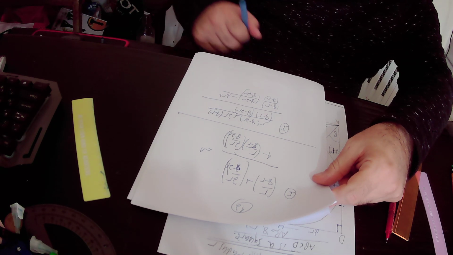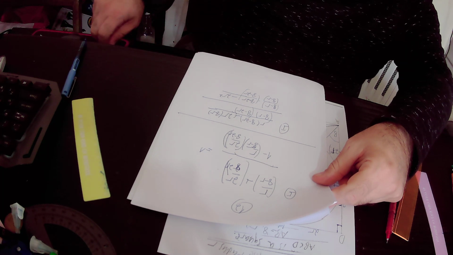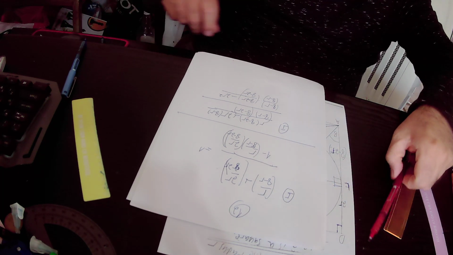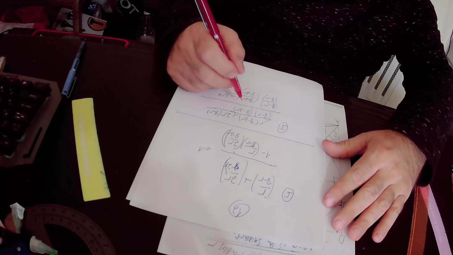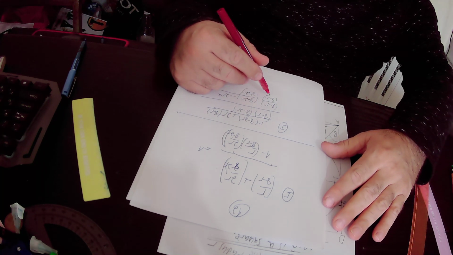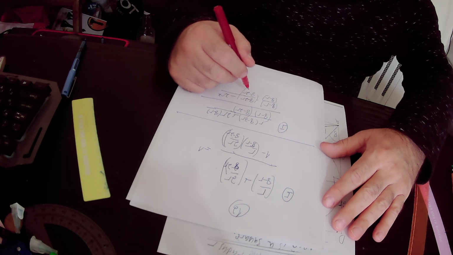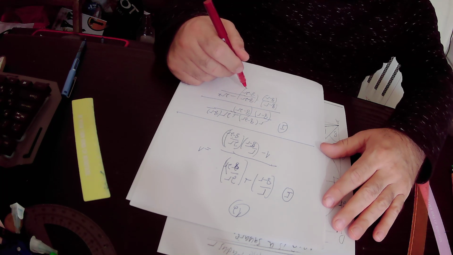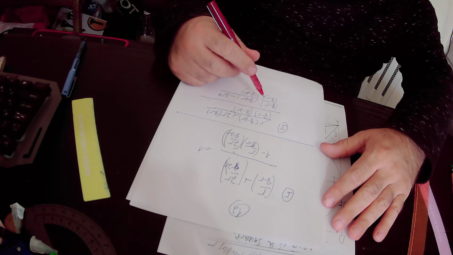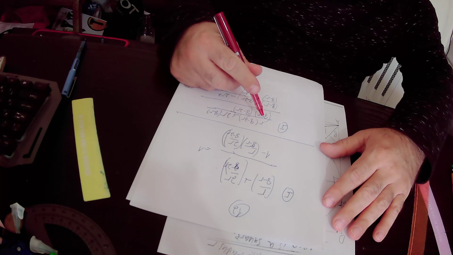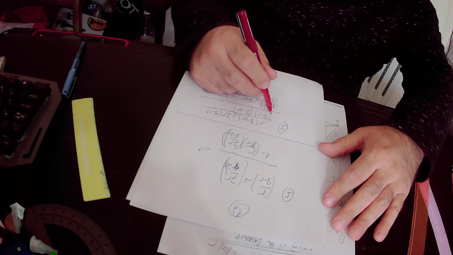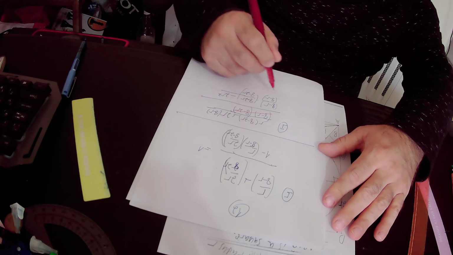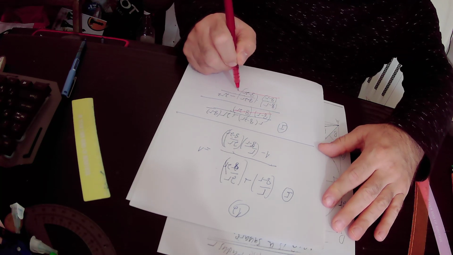Okay, so actually we have 8 minus r, 8 minus 2r here, and we have 8 minus r, 8 minus 2r here. So when we move this expression to the numerator, it will be cancelled with the denominator, so we can cancel this expression with this expression because they are equal to each other.